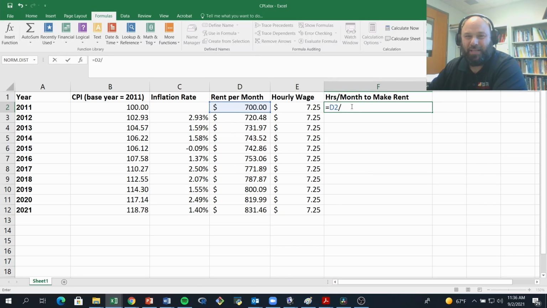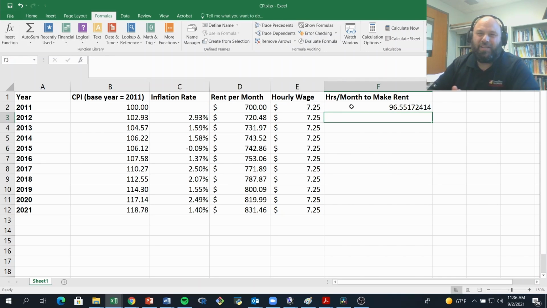Oops, I'm just going to make this E2. Why type it when it's already in there? And according to this, it takes us 96 hours of work to make rent on minimum wage in 2011 if you have a $700 rent. So working 40 hours a week, that's about 2.5 weeks of work.